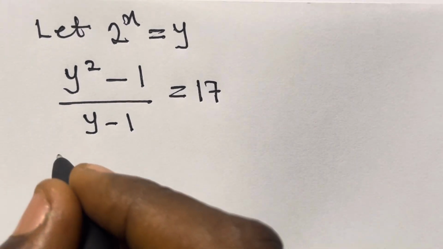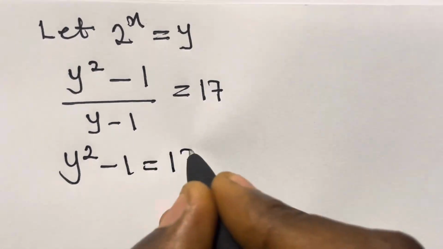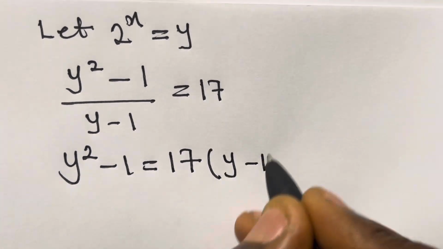If you cross multiply here, we will have y squared minus 1 equals 17 multiplied by y minus 1.